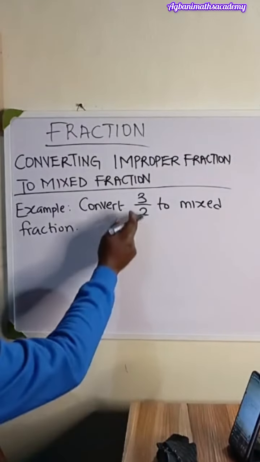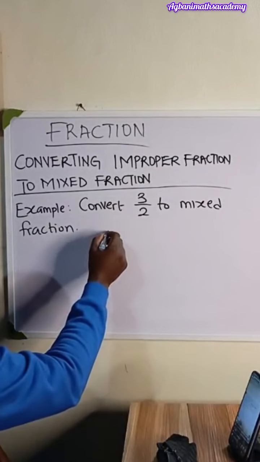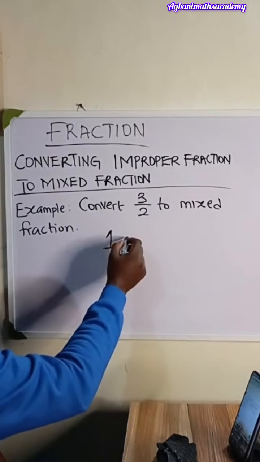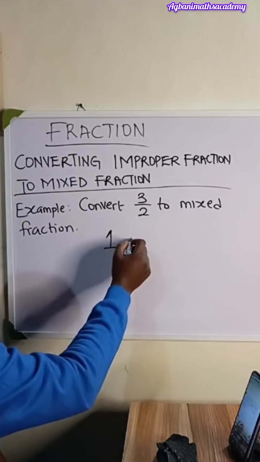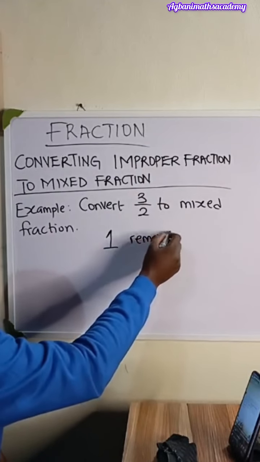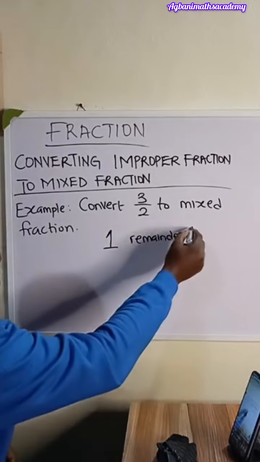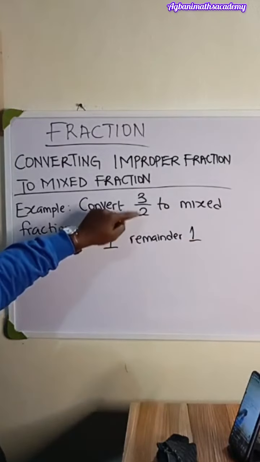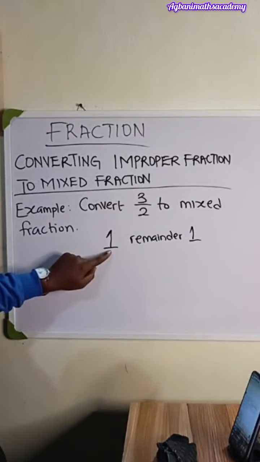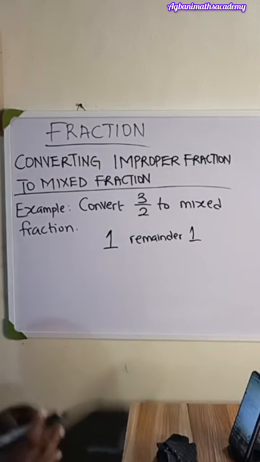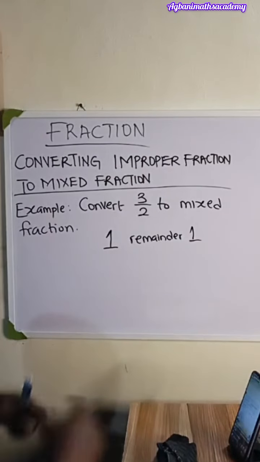So if 2 boys share 3 oranges, they will each have 1 whole orange and remainder 1. So if 2 boys share 3 oranges, each of them is going to get 1 whole orange, and then there will be 1 left. Correct? Or you can use long division method, which is very easy.